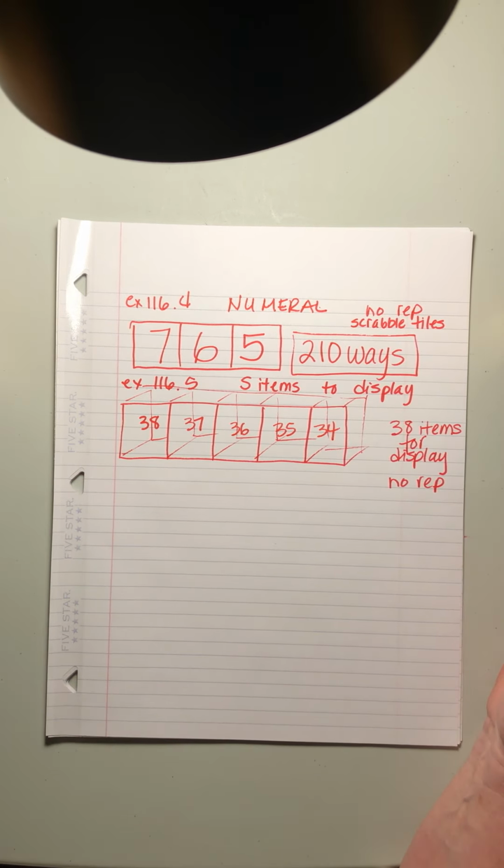So when we multiply this together, we're going to find out there are a whole lot of ways that we can arrange these 38 items in this 5-compartment shadow box. Are you ready? 60 million ways. Holy cow. That's a lot, isn't it?